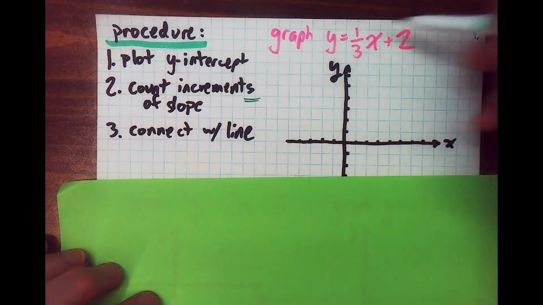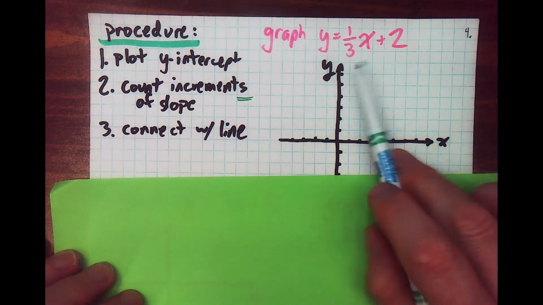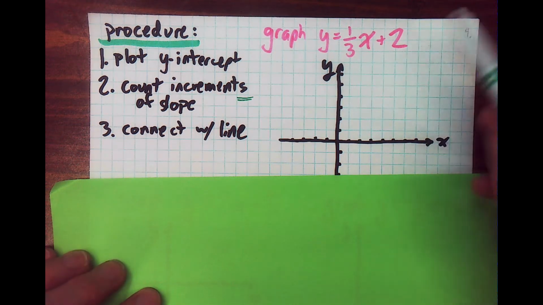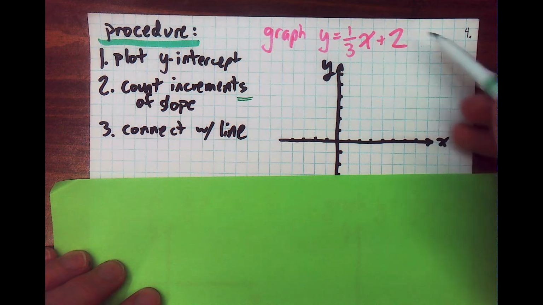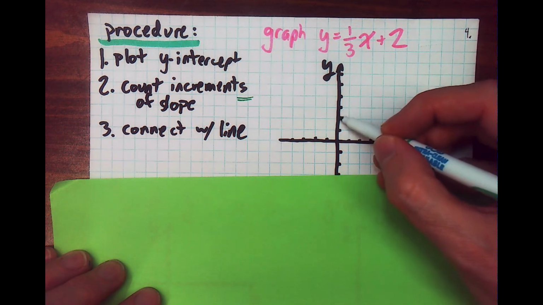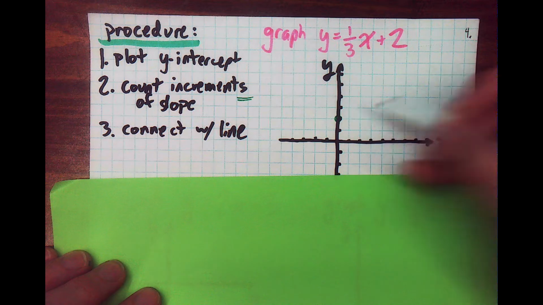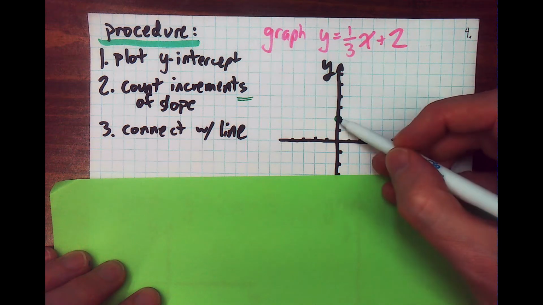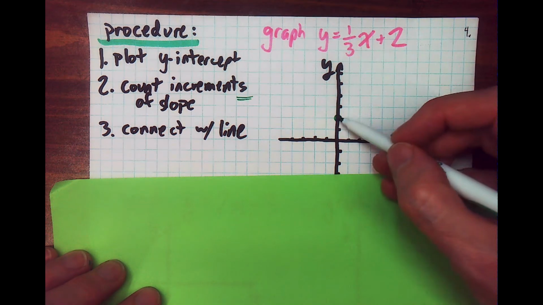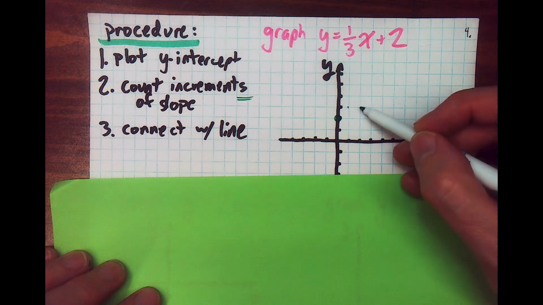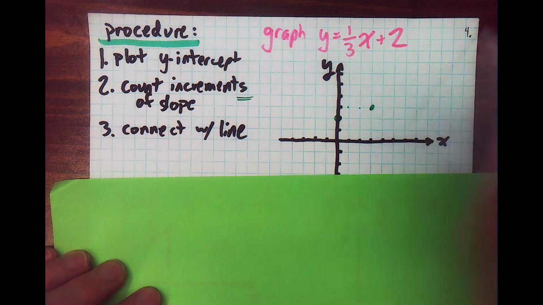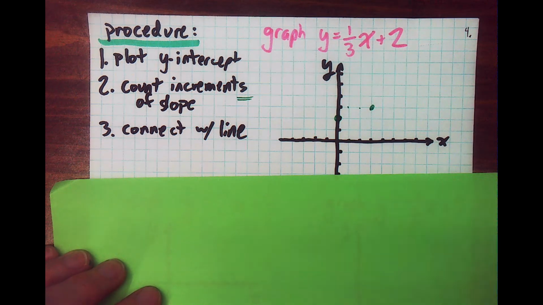So our first example, we're going to graph y equals 1/3 x plus 2. And our starting point is to start with the y-intercept. The y-intercept is 2. So there's my y-intercept, y equals 2. Now my slope is 1/3. Rise 1, run 3. Now I recommend that people do it over and over again.